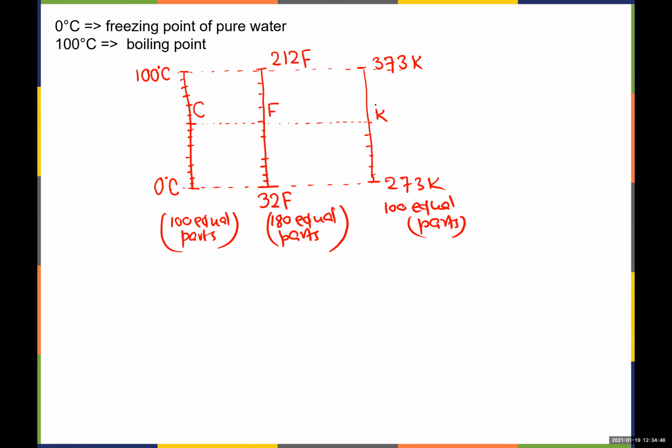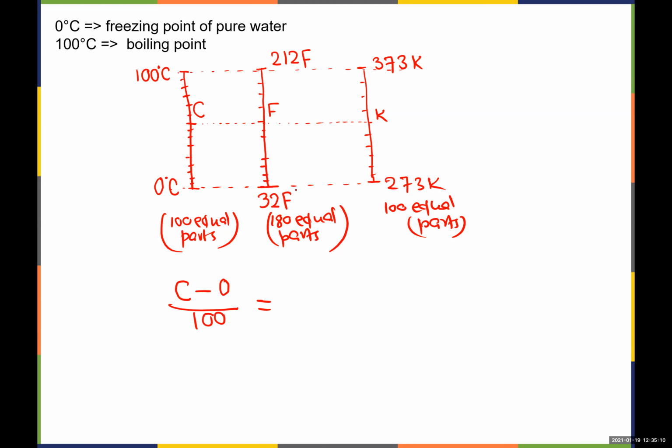If you want to find the relation between these, you can write C minus the lower point, which is 0, over the divisions, 100.